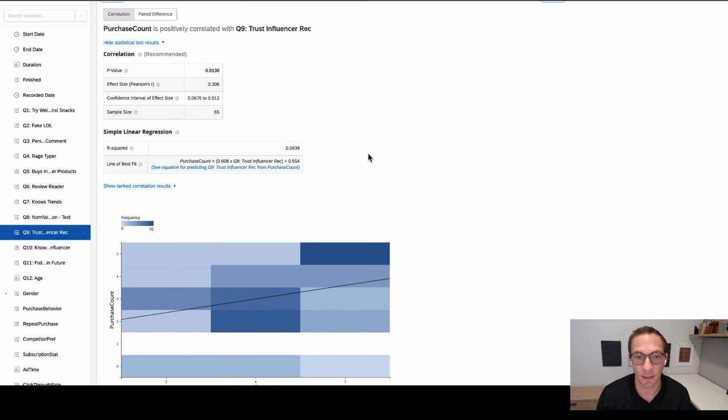That's great. That's significant. Now the beta, I do wish Stats IQ would show the beta more prominently, but it doesn't. The beta is right here, this 0.608. That's my beta. It's putting it here in this equation. We're not actually going to run the equation in class, but what this equation would say is that as trust in influencer goes up by 1 point, it's going to multiply that by 0.608.